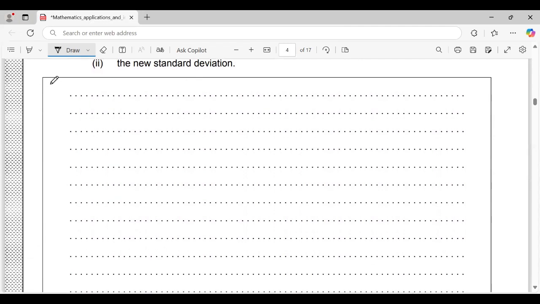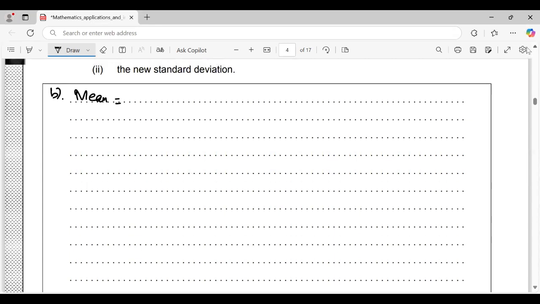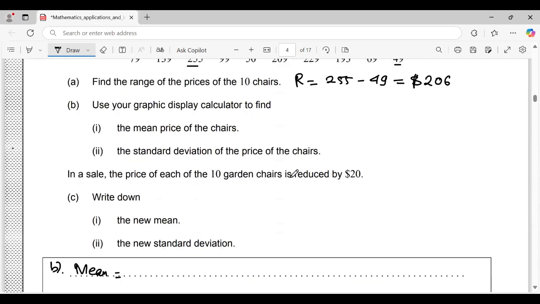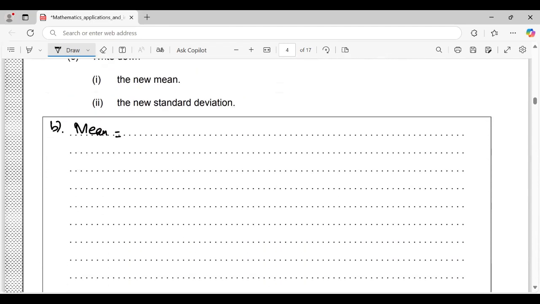Firstly, we need to find the mean. What is the question about? Yes, the mean and then the standard deviation. Mean is the total price of chairs over 10.